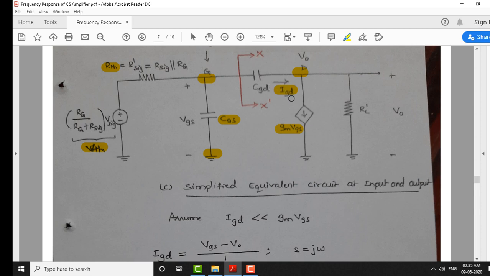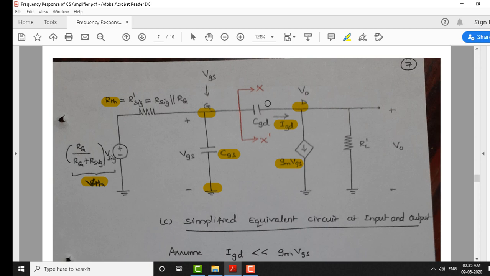To obtain IGD, we calculate the potential across it divided by the capacitive reactance. At the gate node we have VGS, and at the drain node we have V0. So across CGD, the voltage is VGS minus V0.